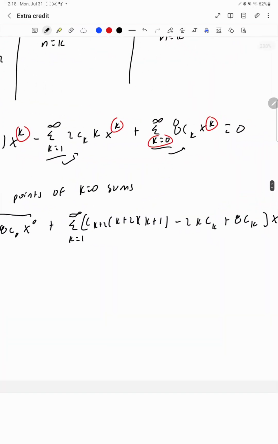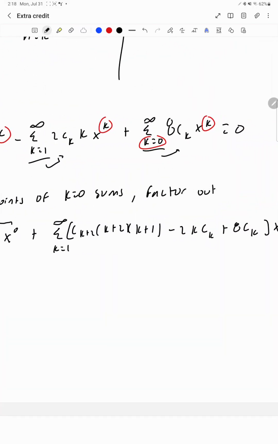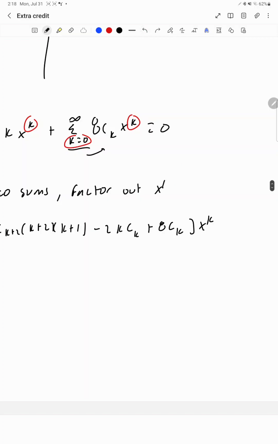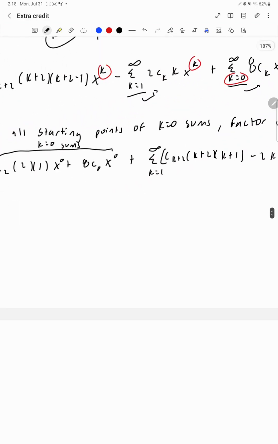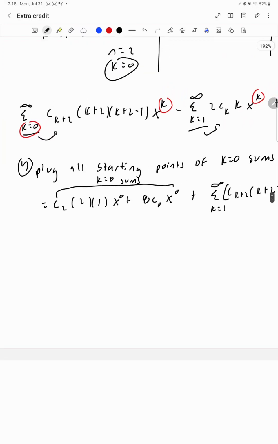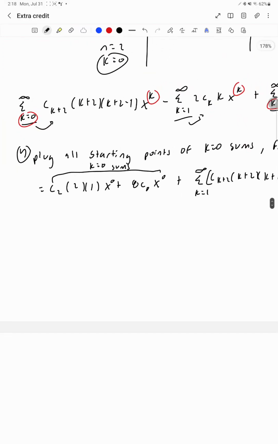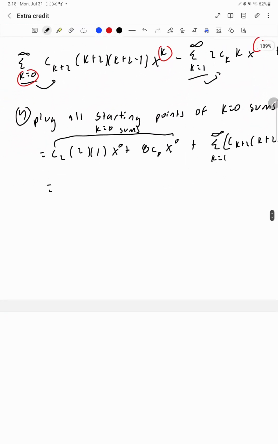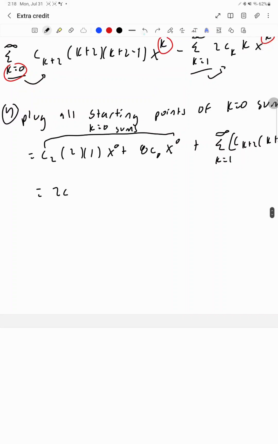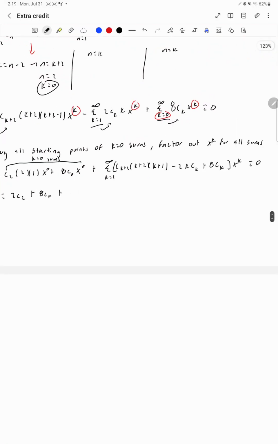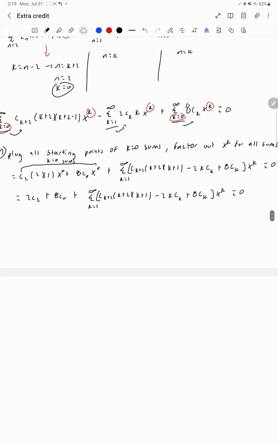And you plug in k equals 0 for all the sums that start at k equals 0 to get 2c2 plus 8c naught plus the sum we just created here when we factored out x to the k. Hopefully that makes sense, but yeah.